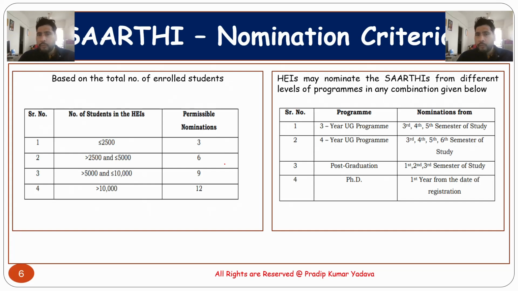Maybe in future they can mention it. So for a 3-year UG program, students in the third, fourth, or fifth semester; for a 4-year UG program, students in the third, fourth, fifth, or sixth semester can participate. Post graduation, students in the first, second, and third semester. And PhD, first year from the date of registration. So these are basically the basic clauses required to be an NEP Saarthi.